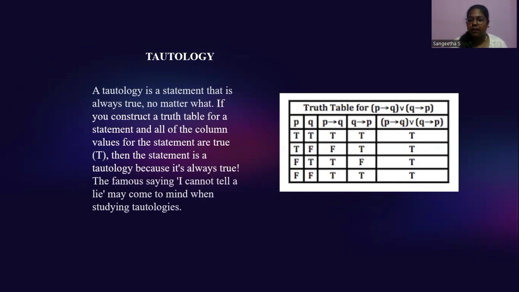For Q implies P, whenever Q is true and P is false, the output will be false. So the output of Q implies P is true, true, false, true. If we do the OR operation for P implies Q and Q implies P, we will get true, true, true, true, where all the values are true. Therefore, this is the best example for tautology.